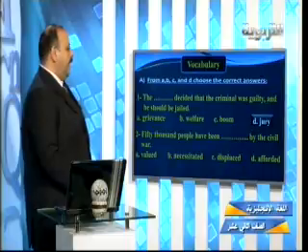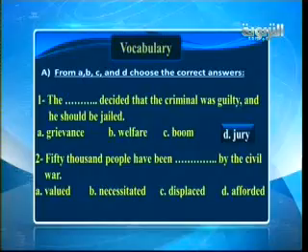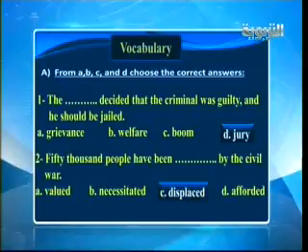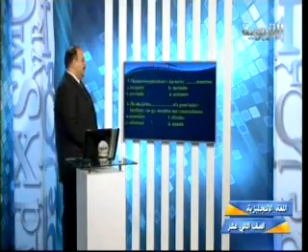Now think about the second one. 50,000 people have been blank by the Civil War. Now look at the options. We have valued, necessitated, displaced, and afforded. So if we are talking about thousands of people, they have been displaced. Now move to number 3.